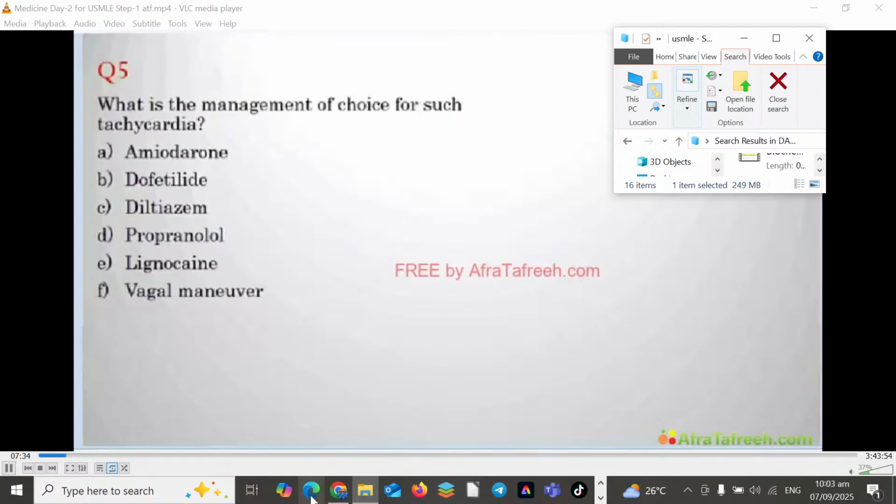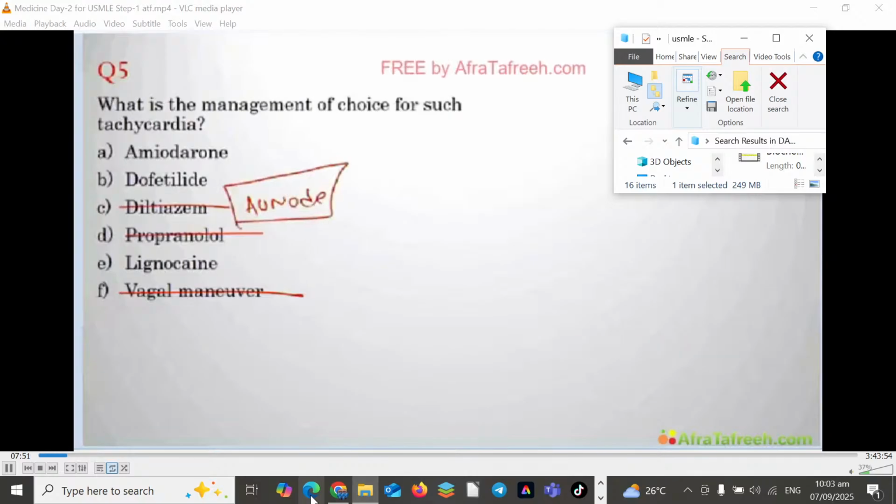So AV node acting drugs, we will just cancel them out. Diltiazem, propranolol, vagal maneuver. All these act predominantly on the AV node, and hence this is not the answer.